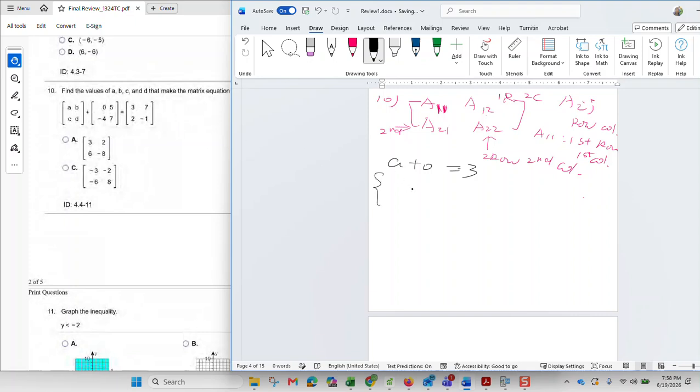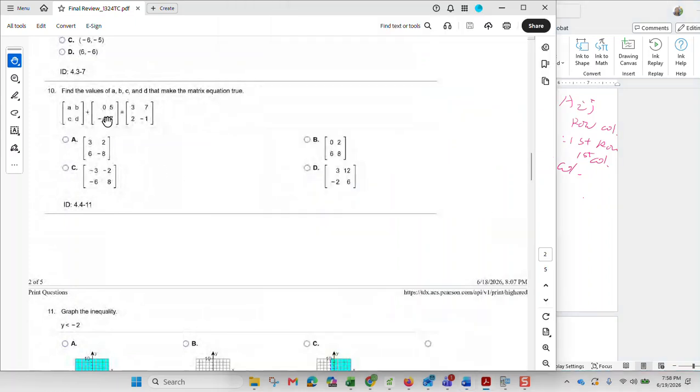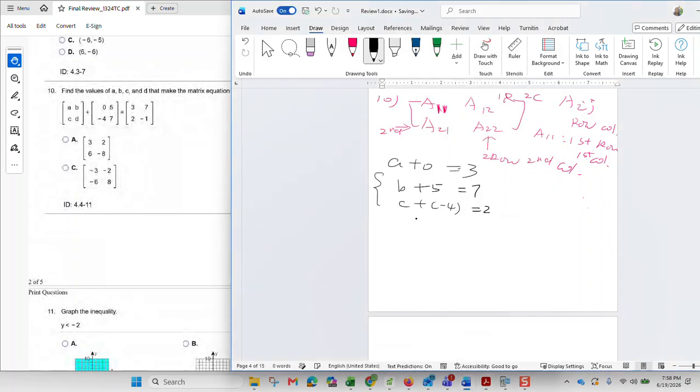The second equation here is B plus 5 equal to 7. Then this is C plus negative 4 equal to negative 2. And the last equation here will be D plus 7 equal to negative 1.